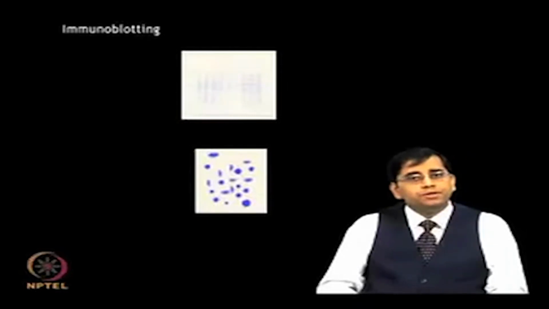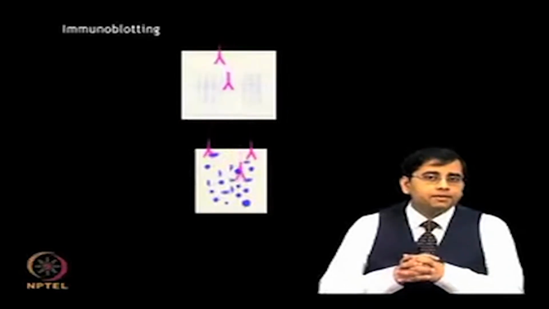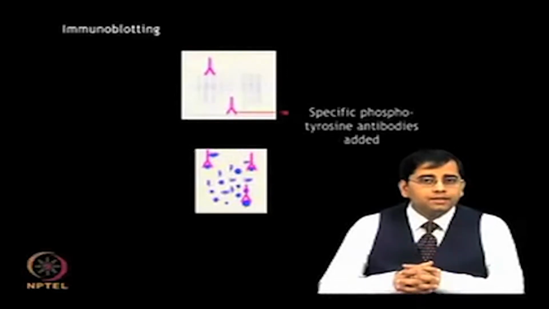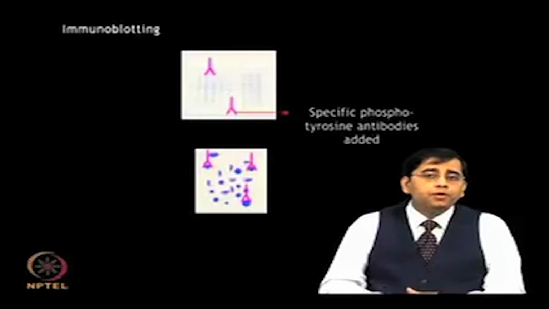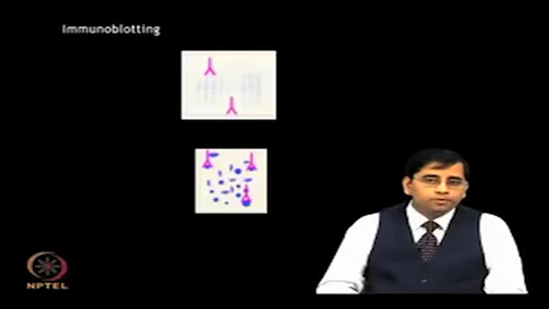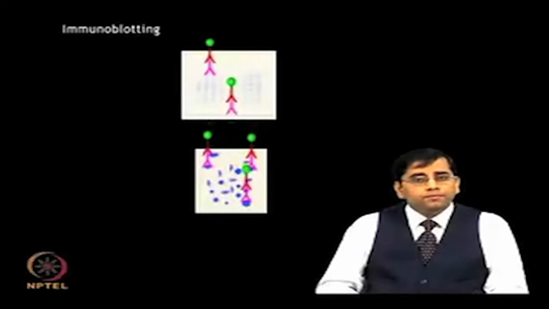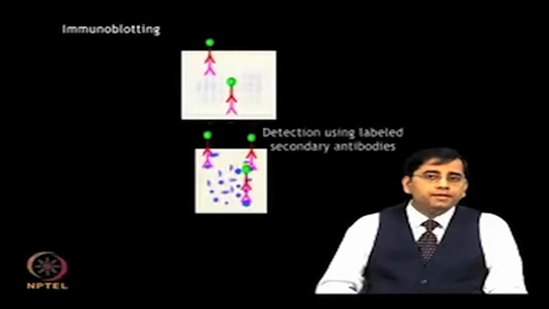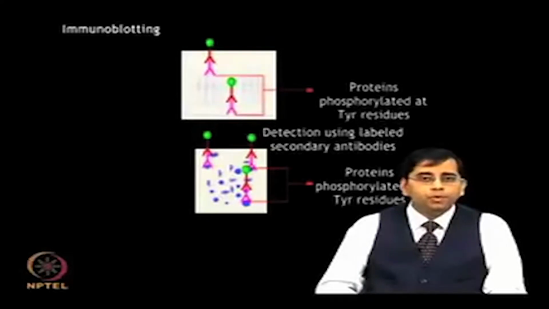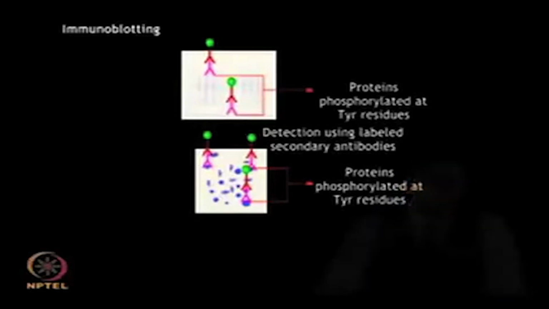This binding interaction can be detected by using suitably labeled secondary antibodies or by autoradiography using radioactive probes. Therefore, the use of immunoblotting techniques has been shown to be extremely effective for detection of post-translational modifications.